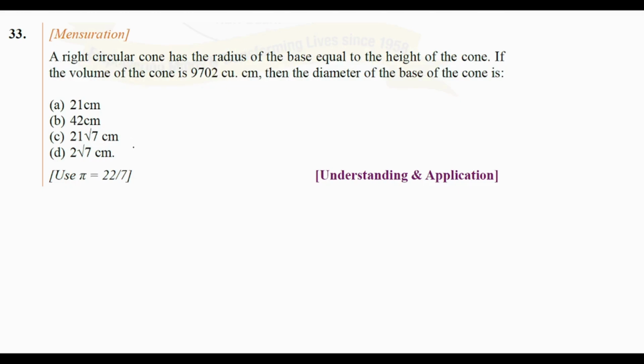A right circular cone has a radius of the base equal to its height. So radius of the base is equal to height. Clear? They have given you the volume of the cone as 9702 cubic units, then the diameter of the base of the cone is?